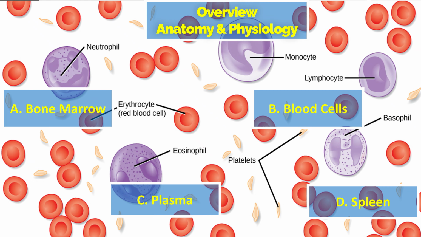So in the following slides, I'm going to talk about the bone marrow, the blood cells, the red and white cells, then the plasma and spleen.